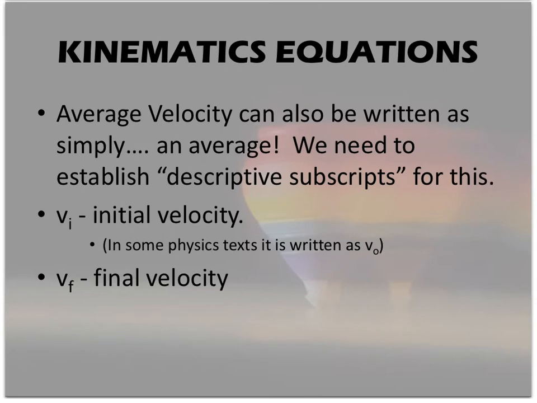There's another way to write down average velocity as simply an average. When you average something, you add all the parts together and divide by the number of parts. We need to establish descriptive subscripts for this one. So a V with a subscript I is an initial velocity, what I start out at. A lot of times you'll see in your physics text it's written as V0. That 0 is your naught variable. It's written as like V naught or T naught.